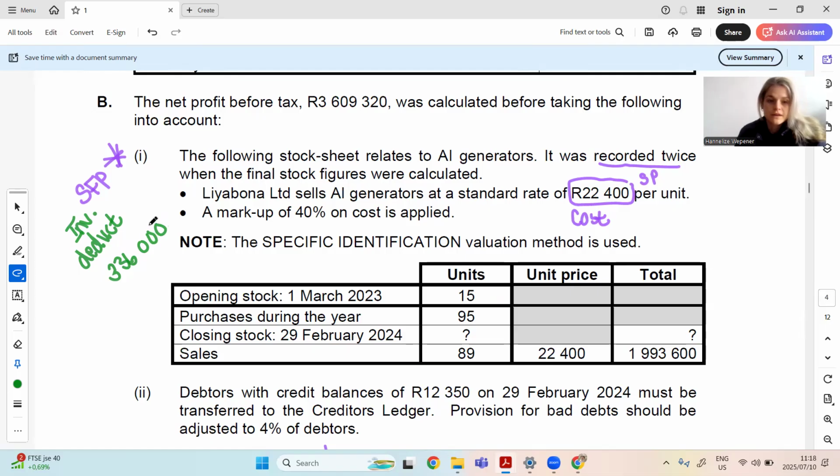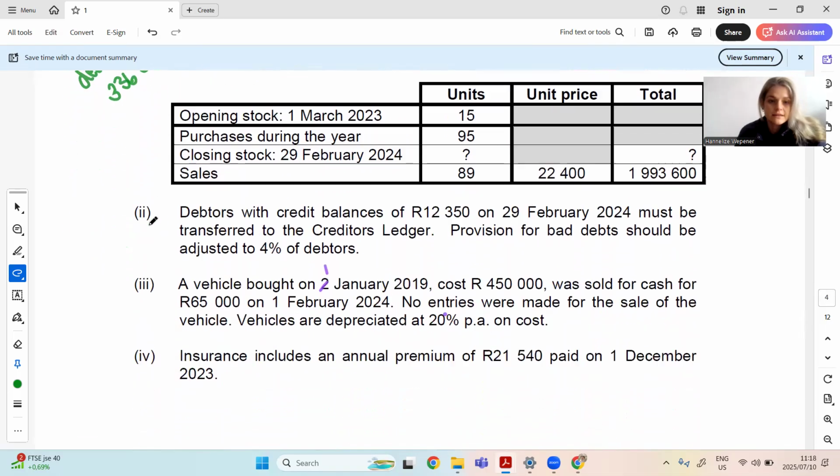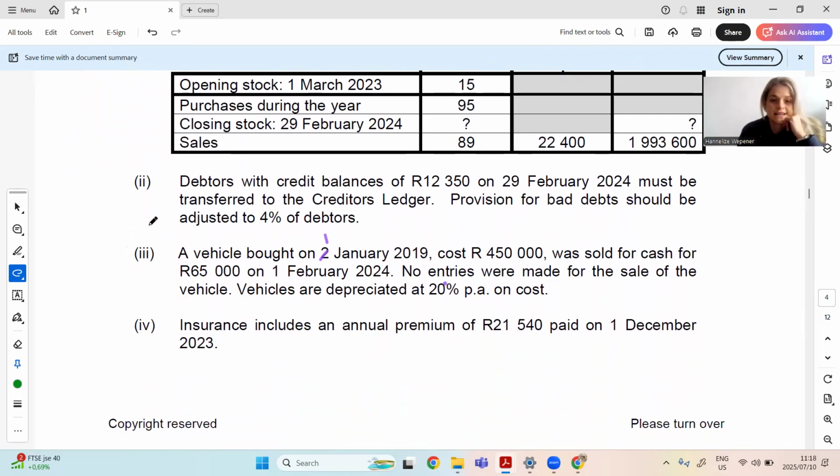Okay, right. Then the second one is that debtors with credit balances must be transferred to the creditors' ledger, and then the provision for bad debts must be adjusted. So yes, this is most definitely SFP, because first of all, we have to go to trade and other receivables.